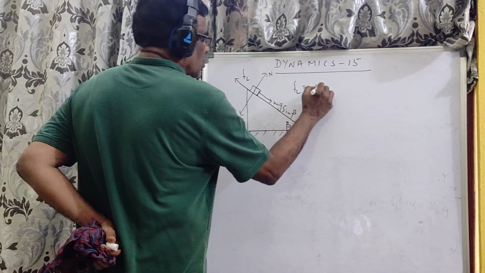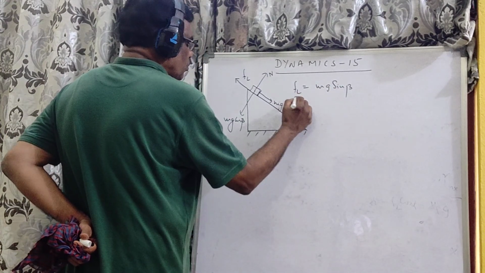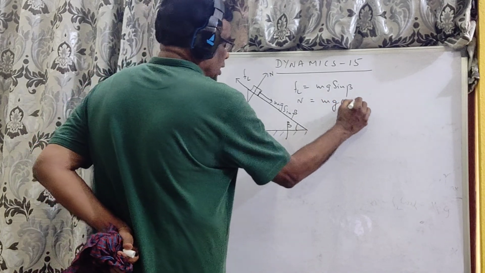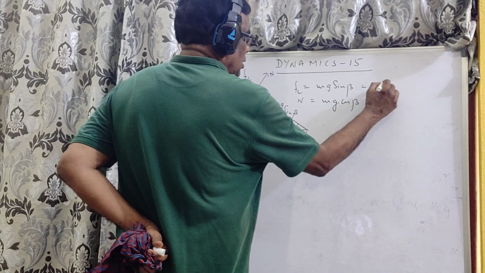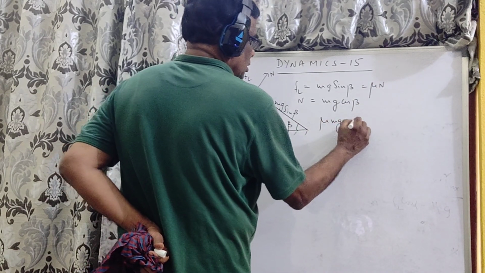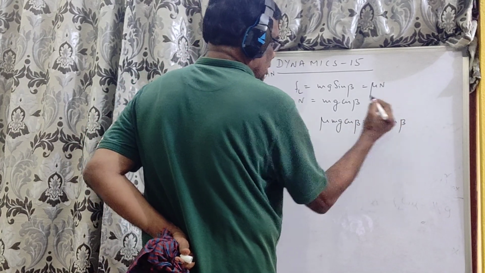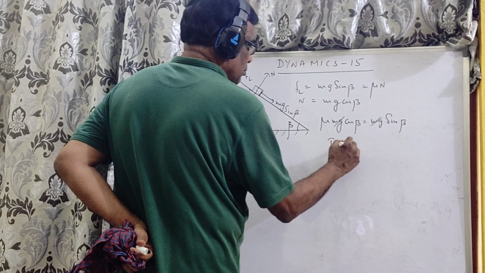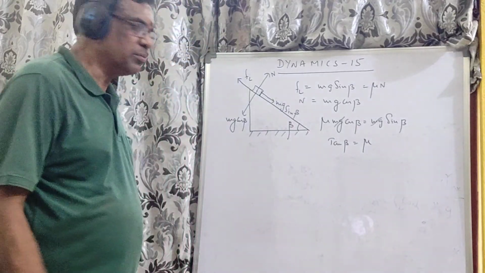So FL is equal to mg sine beta and N is equal to mg cos beta, but FL is equal to mu N. So mu mg cos beta is mg sine beta, mg gets cancelled. Tan beta is equal to mu.